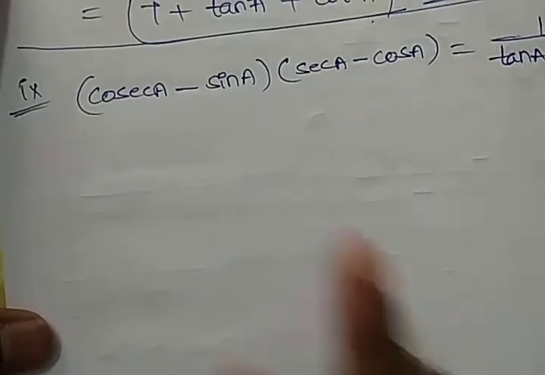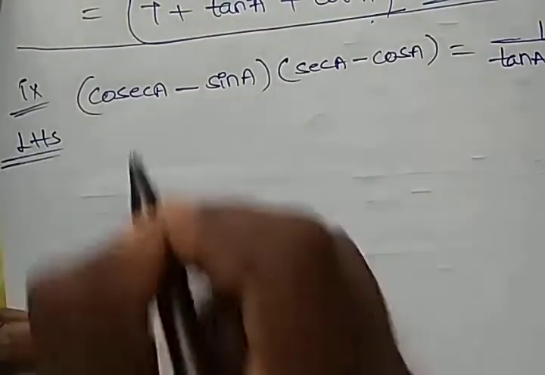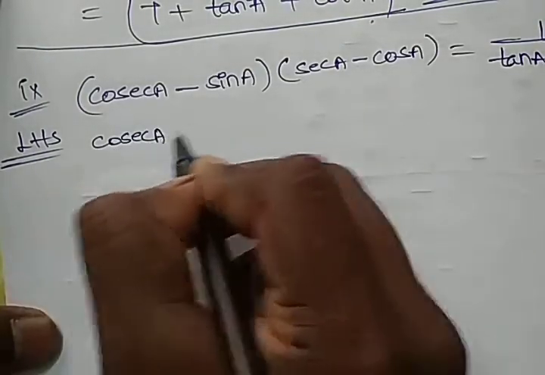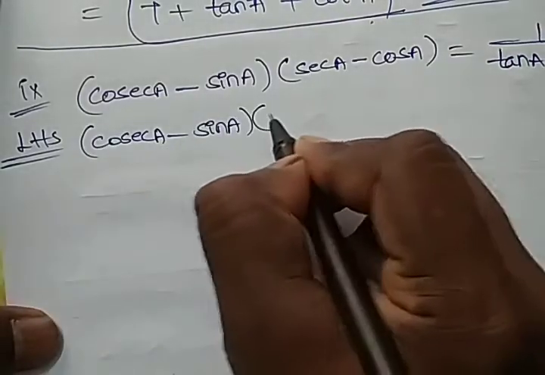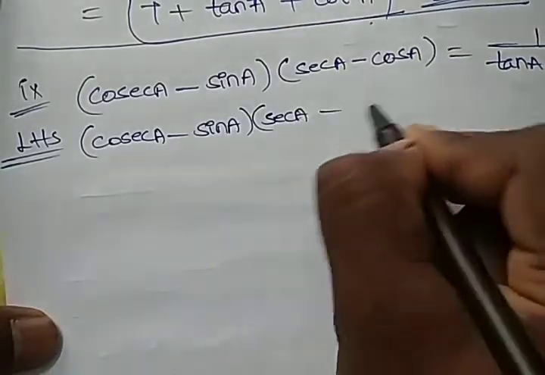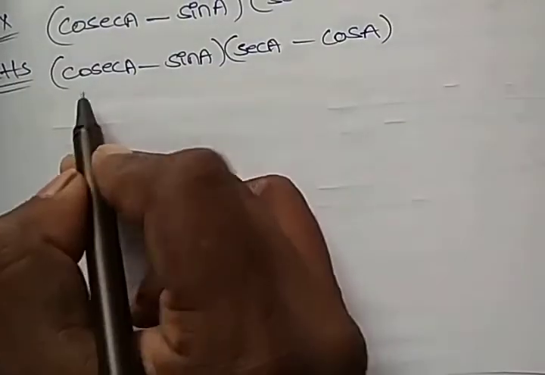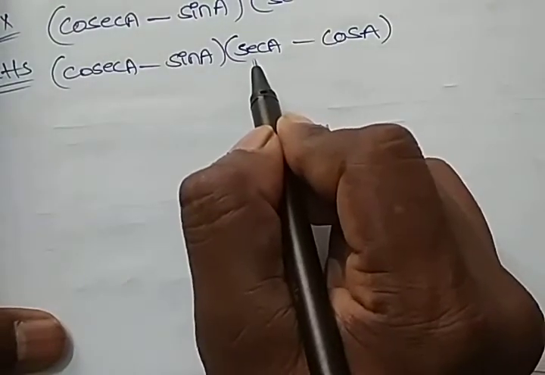So we are taking LHS first, that is this value, LHS, left hand side value, cosecant a minus sin a, bracket close, into secant a minus cos a. So this is LHS value. Cosecant can be written as 1 by sin, secant can be written as 1 by cos.